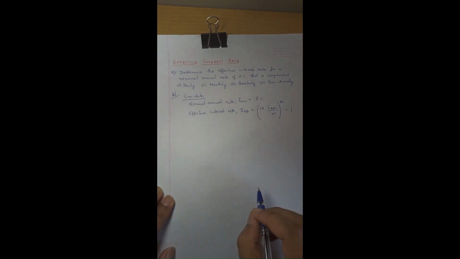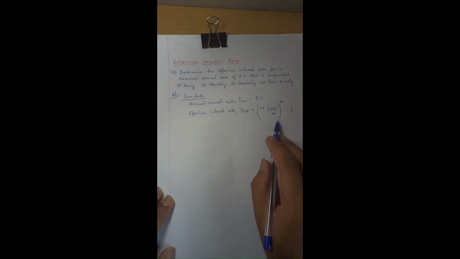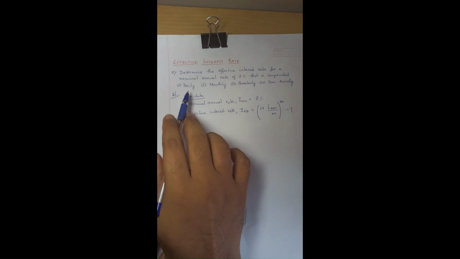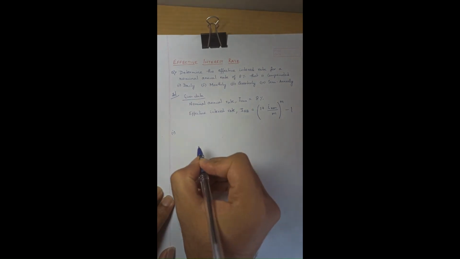So this is the equation to determine the effective interest rate. Now here the value of M is the number of interest periods within a year. For the first question, we'll consider what this value of M is.